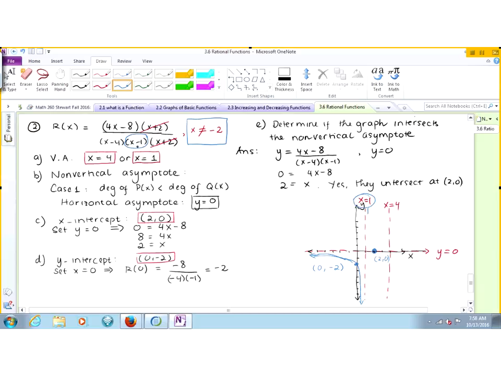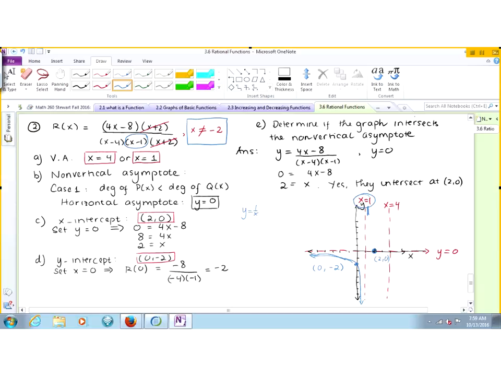And what is the power of x minus 1? 1. Is it odd or even? Odd, so it's going to behave like y equals 1 over x. Remember? We talked about it. If the factor is odd, then it's going to behave like y equals 1 over x. So if on one side it starts low, then on the other side, it's going to start in the opposite direction. So we know it's going to start right here, right?